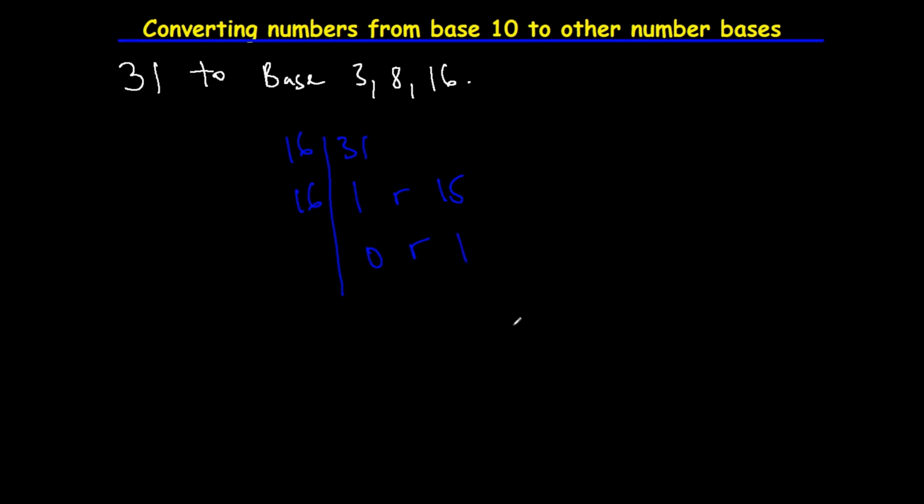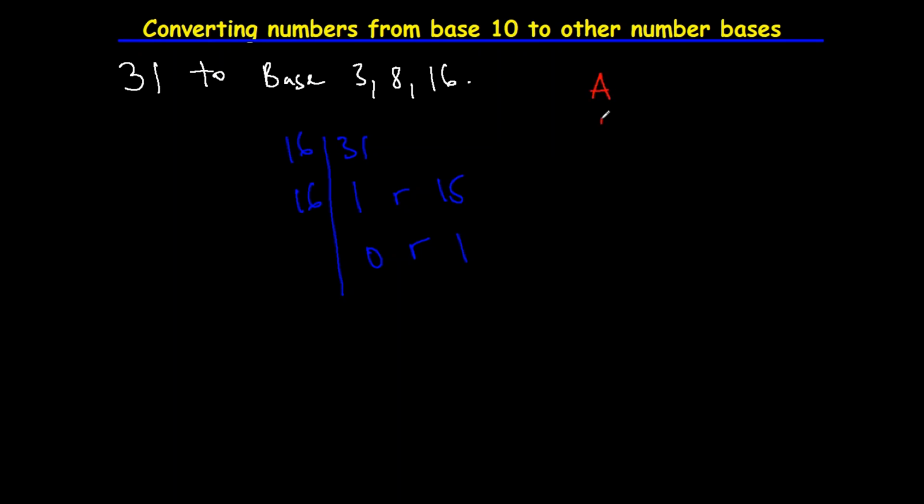And I know some of you will be wondering, are we going to write 1, 1, 5 as our answer? No, we are not. Don't forget, base 16 or the hexadecimal system not only uses digits, but also uses the letters of the alphabet from A to F to represent numbers.